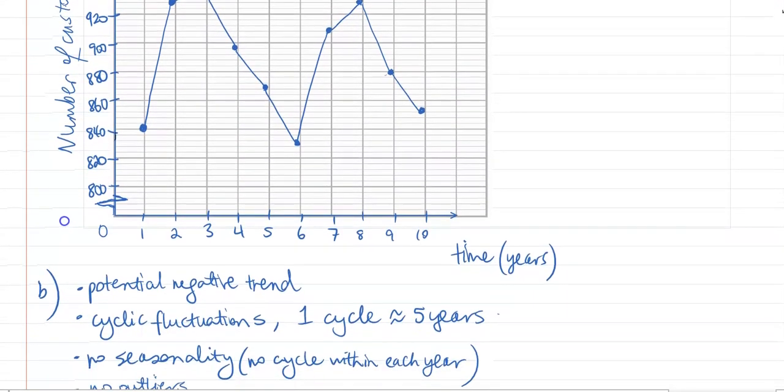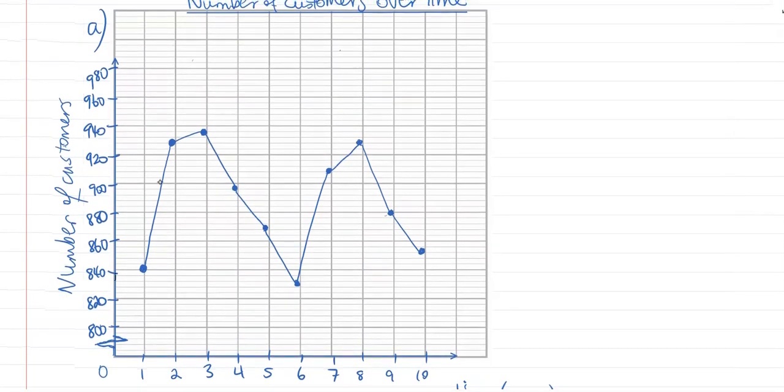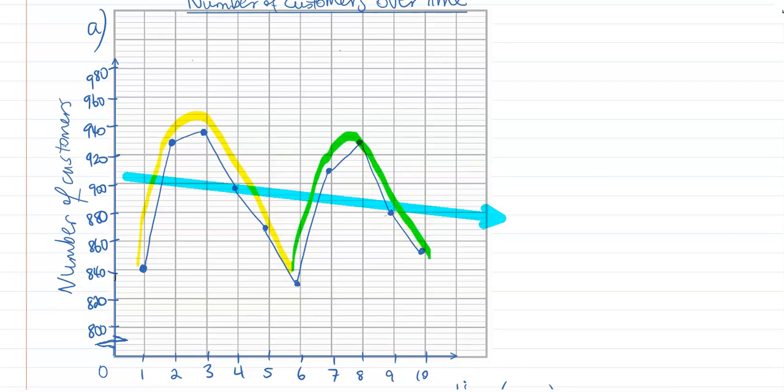For part B, if I look within the time series plot, in terms of trends, I would say that there could potentially be a slight negative trend, because if you look within the 2 cycles that look like they're present, so 1, 2, when you align their similar points, you can see that they're both decreasing.